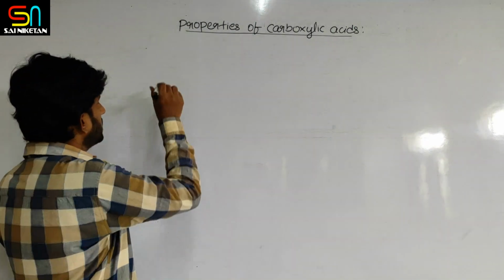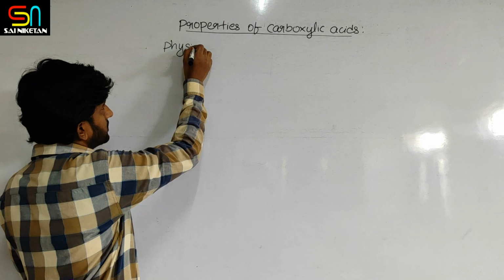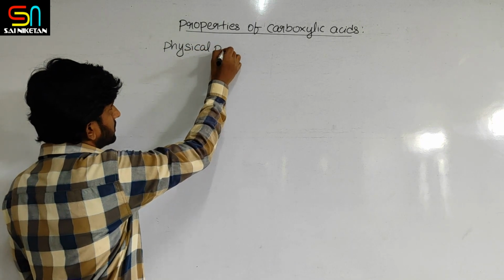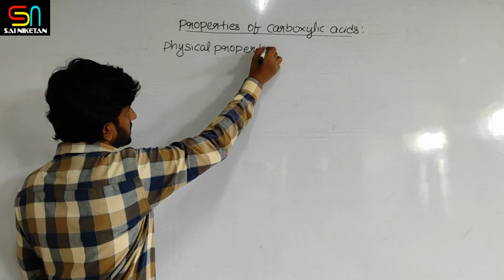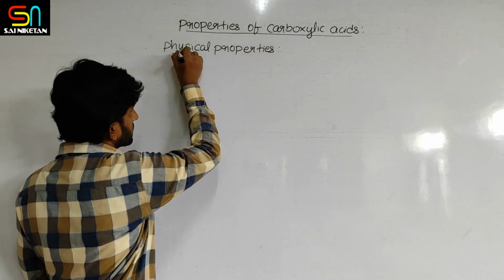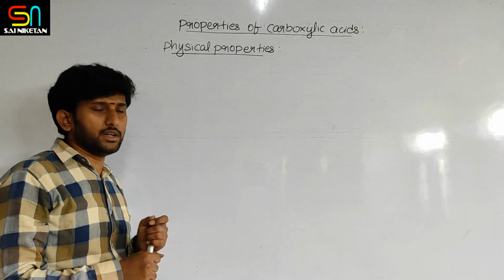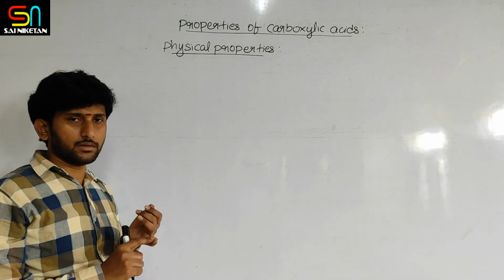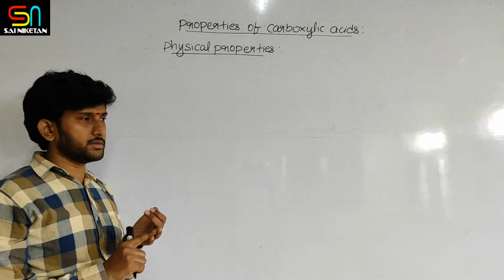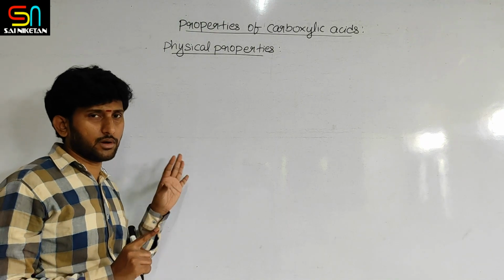First let us see physical properties. Physical properties means basically we will discuss the state of the compound, boiling points of the compound, solubility of the compound and so on. So let us see how they are.